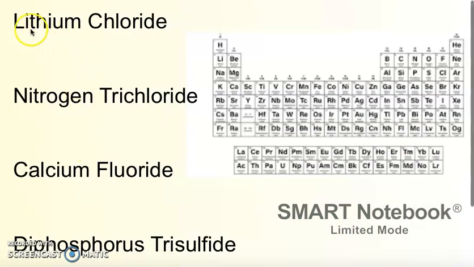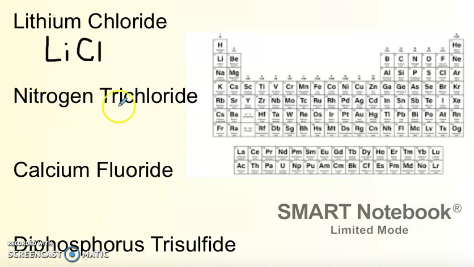We have Li and then we're going to have Cl. Now keep in mind we have to have the numbers right at the bottom, but this one's going to make it easy. Li is in this column, which means it has 1 outer shell electron, and Cl is in this column, so it has 7. So you do not have more than 1 Li or Cl. They automatically make the bond.